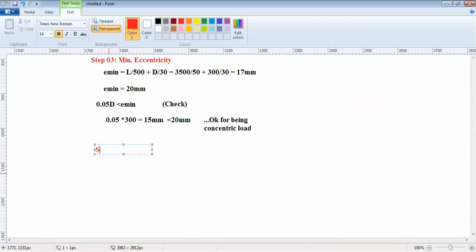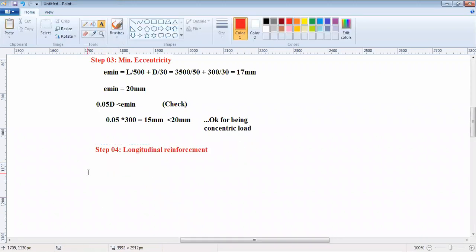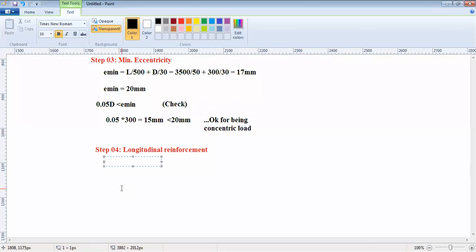Next, we determine the longitudinal reinforcement. When we are determining the longitudinal reinforcement, you have to take care here that it's 1.05, which I just explained to you from IS 456.